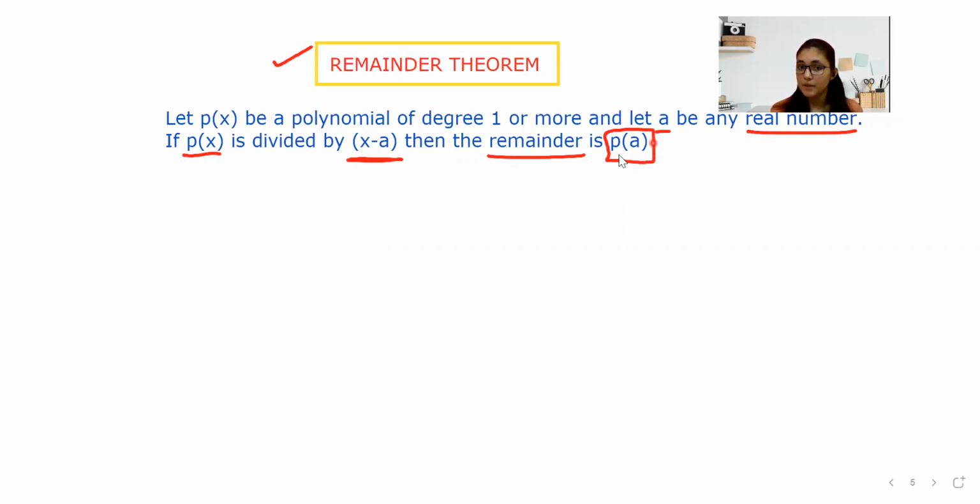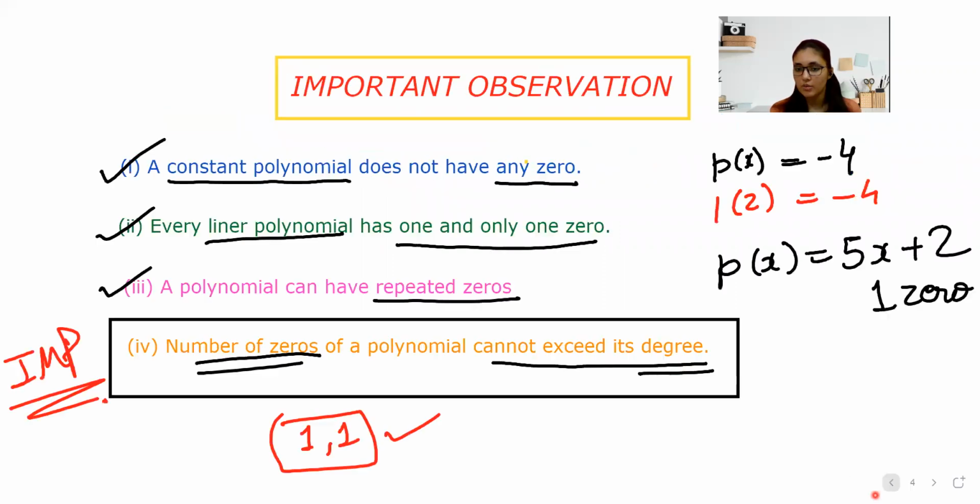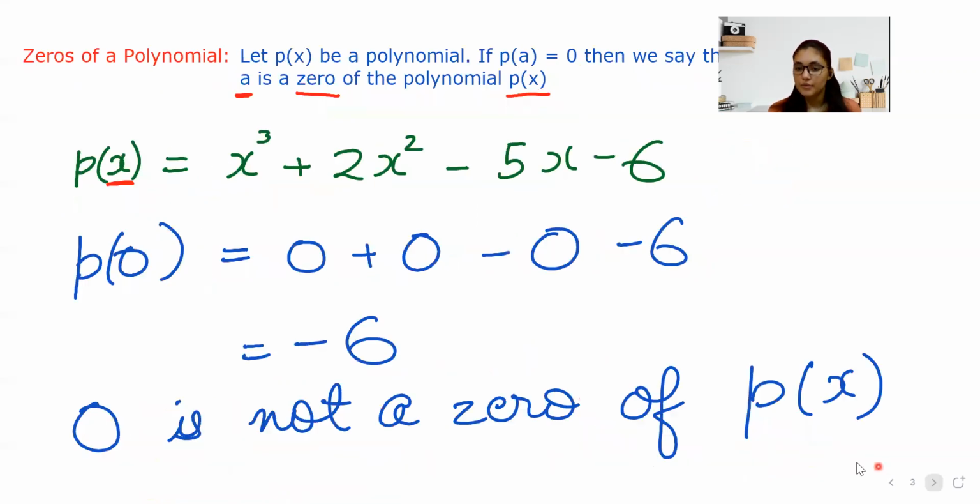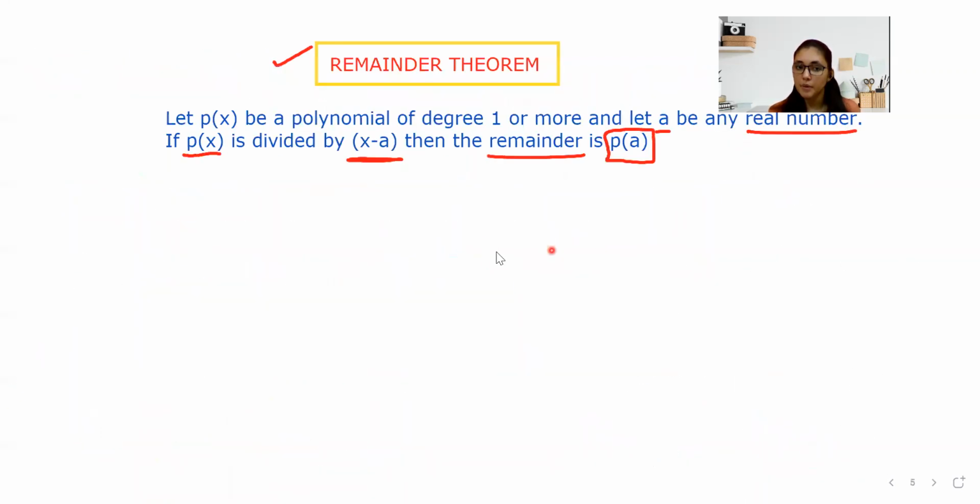What is p(a)? p(a) is the value of polynomial p(x) when x equals a. It's calculated the same way as we did just now in the value of a polynomial section. So by this theorem, you can directly find the remainder.